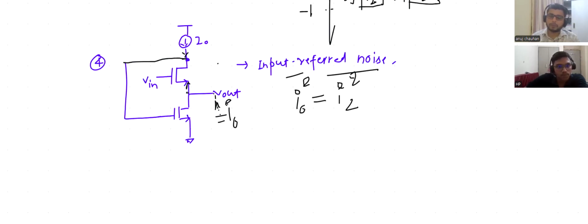What is the mean square current value of noise in terms of transistor parameters? 4 kT gamma GM. Now continue to calculate the GM of the whole circuit.